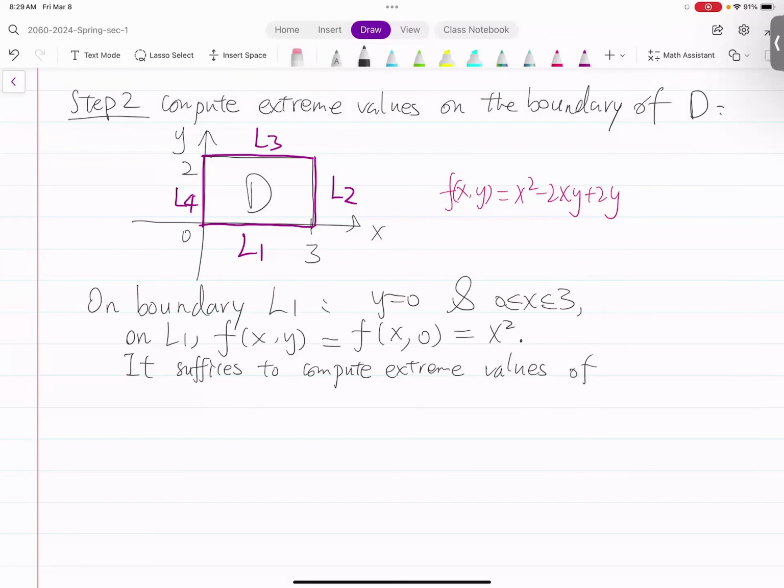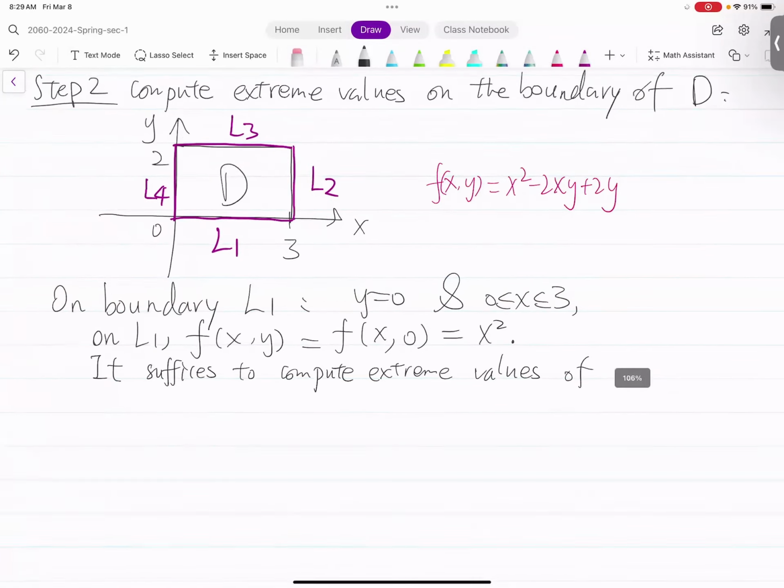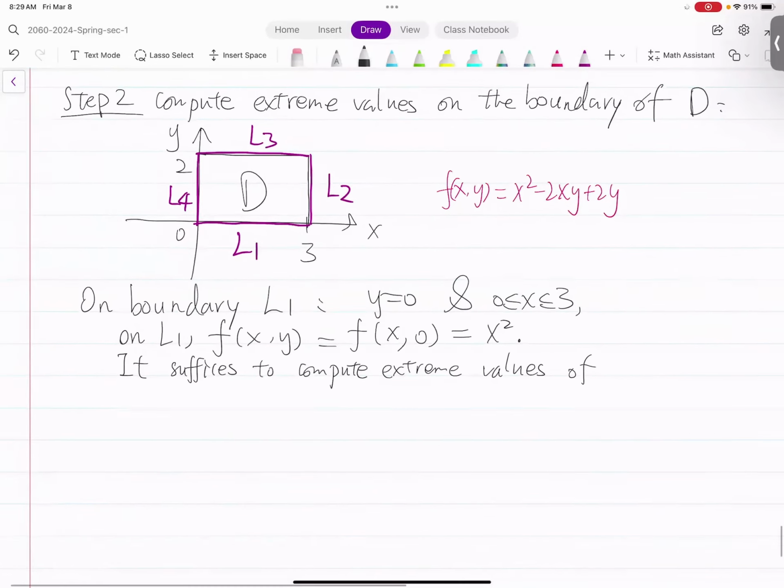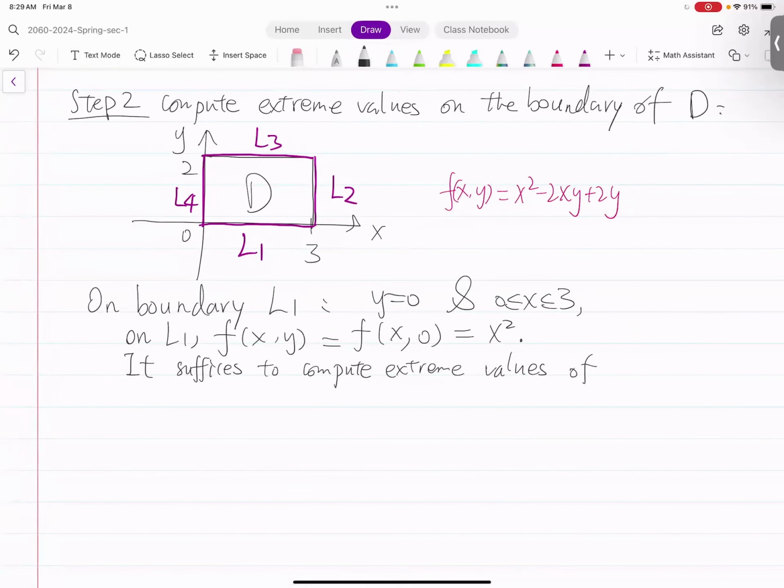So let's call this function f restricted on the boundary g1, and this is in terms of x, so g1 of x, which is x squared over the interval from 0 to 3.